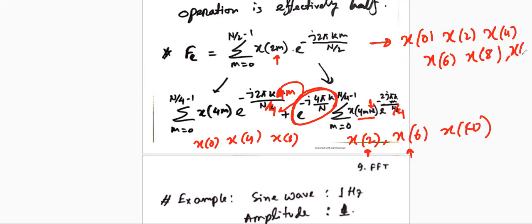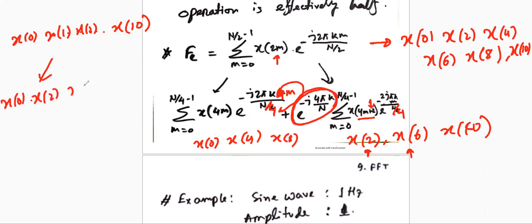Let's say x10 is our last sample. So you can understand previously we had x0 up to, let's say, x10, and we also have x1, x2, and so on. From there, what we have done, we are taking x0, x2, x4, up to x10.